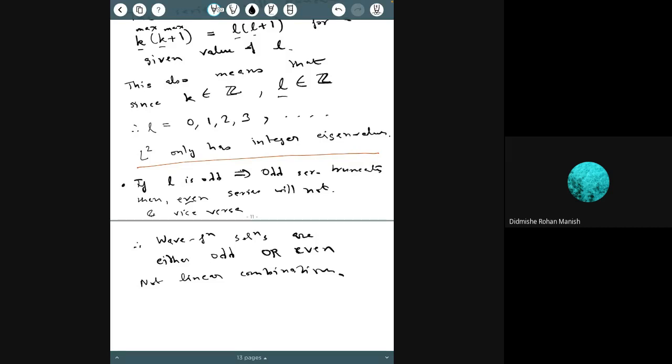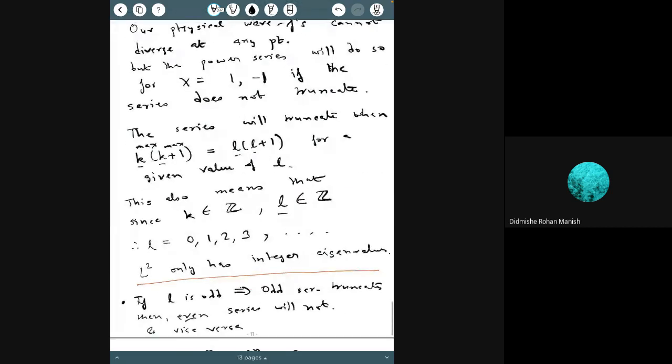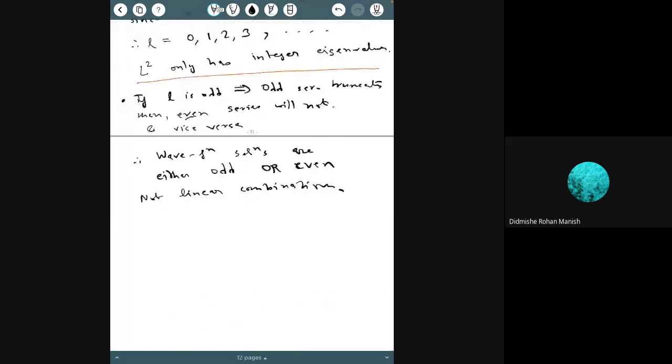So where are we? Let's use the recursion relation and verify all the things that we were talking about for the Legendre polynomials.